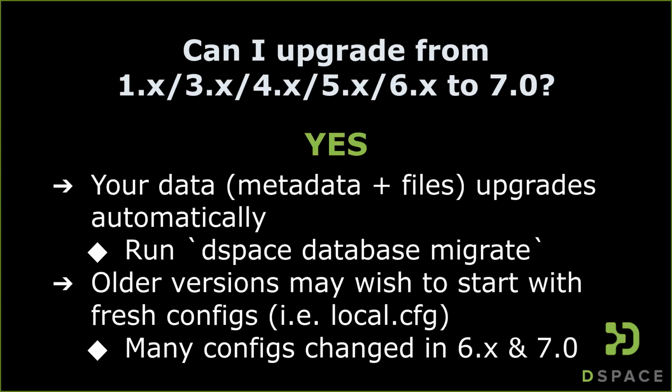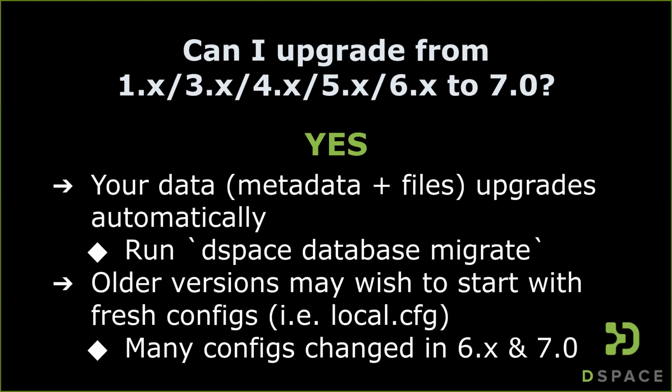You may want to, however, if you're running on an older version, start with some fresh configurations in your local.cfg file. That file was introduced in DSpace 6. So if you've already done this and upgraded to DSpace 6, then you can pretty much skip this and just go forward with your installation of DSpace 7 there.